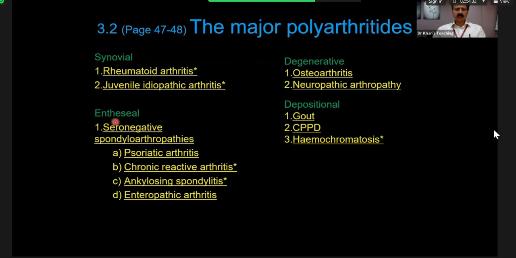And then seronegative arthropathy, which includes psoriatic arthropathy, chronic reactive arthritis, ankylosing spondylitis, enteropathic arthritis, and then degenerative, and finally depositional, as in gout, CPPD, hemochromatosis. So we will see a lot of films from what has come in the exam and which can come in the exam, and what are the basic things to look for in the exam to be able to tackle a film.